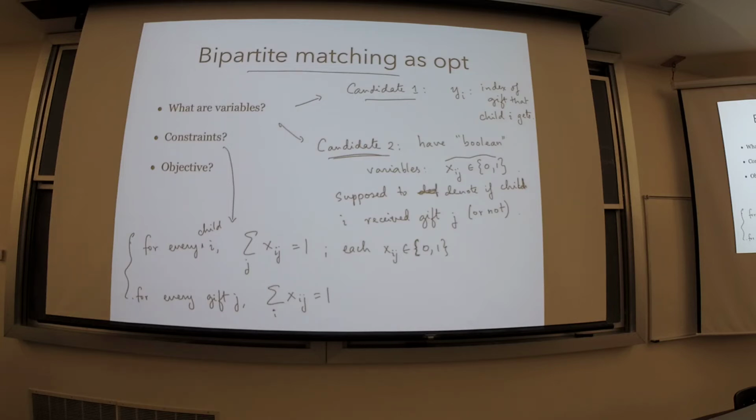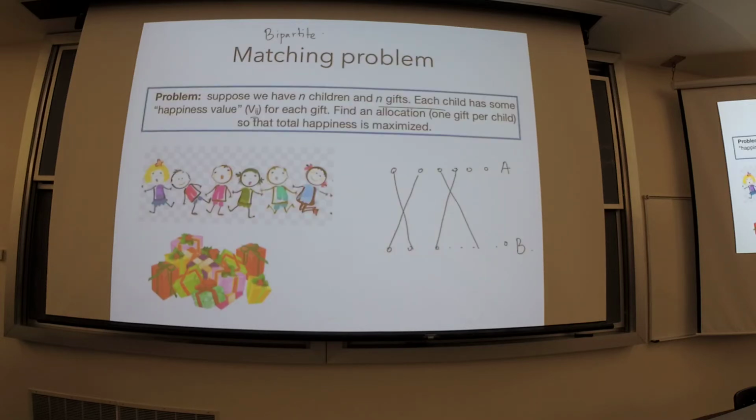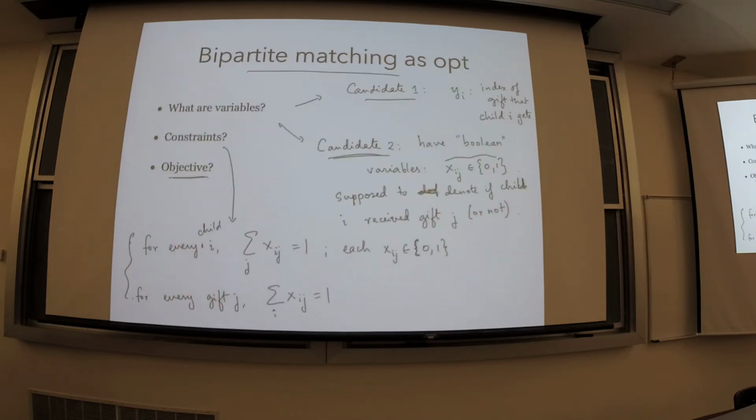So now your objective is supposed to capture this total happiness value of this allocation. So the objective, if you think about it, what is the objective value?